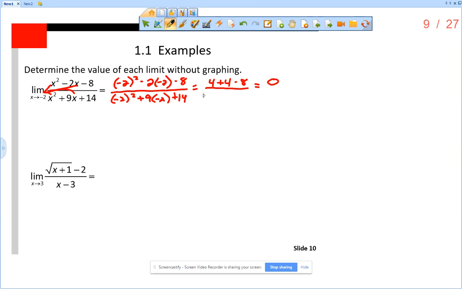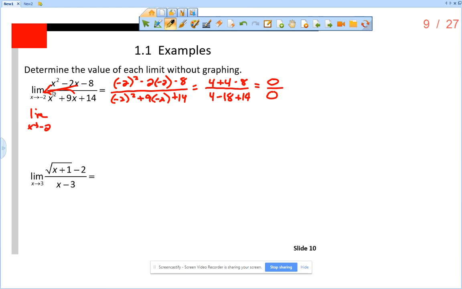Divided by (-2) squared, which is 4, plus 9 times -2 is minus 18 plus 14. So 4 minus 18 plus 14 is, of course, also 0. So 0 over 0, that is not a number. So that means we need to do more work. So I rewrite the limit as x approaches -2 because we have not evaluated.